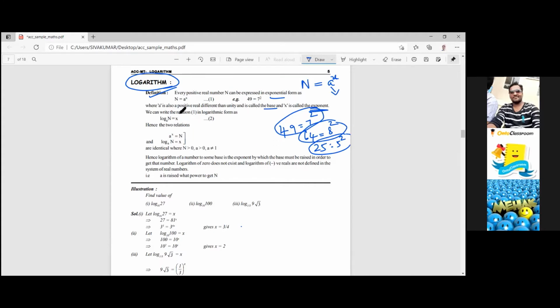So now the above equation n equals a power x, we can write in this form also: log n base a is equal to x.